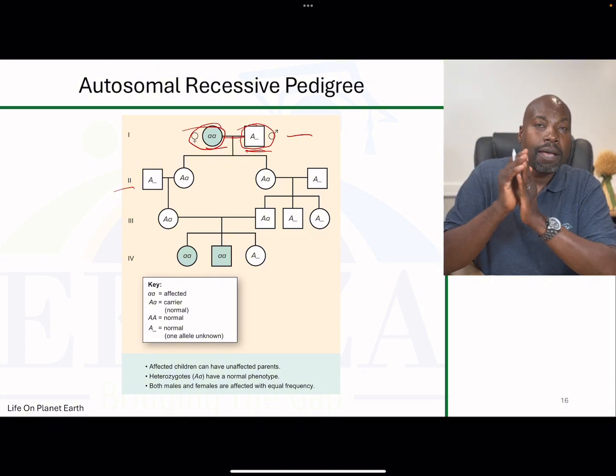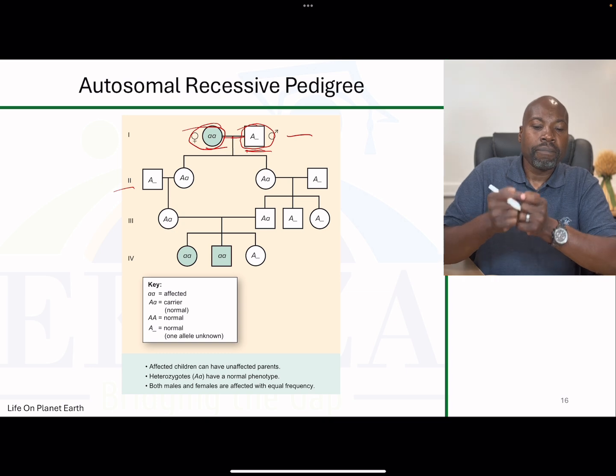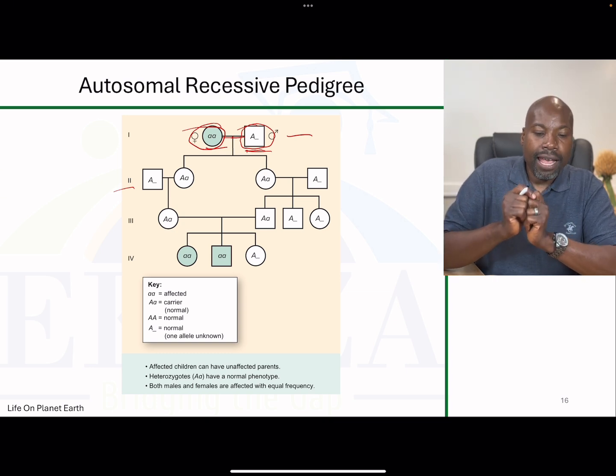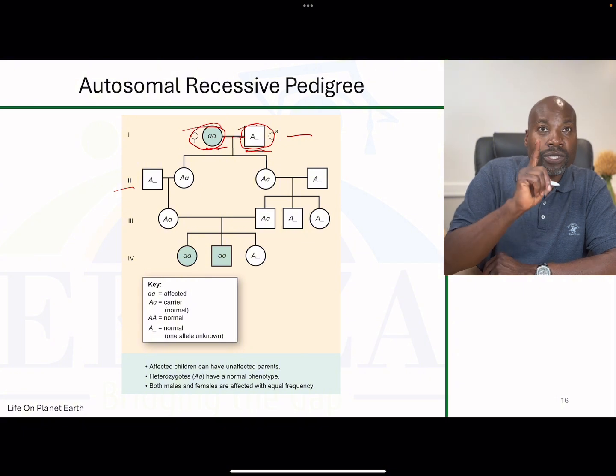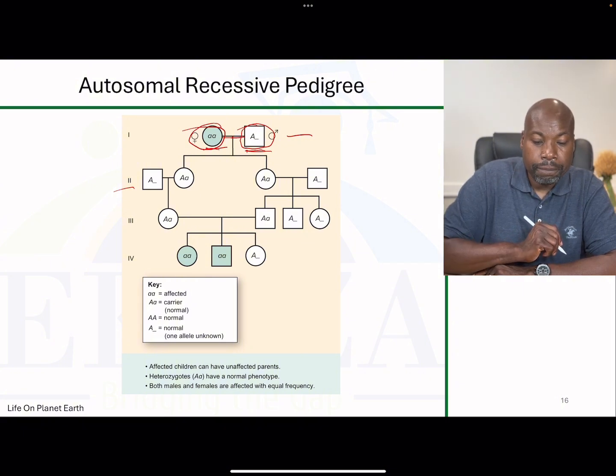We don't know that, but we do know that if the feature is caused by a recessive allele and mom is affected, that means mom is homozygous recessive, right?